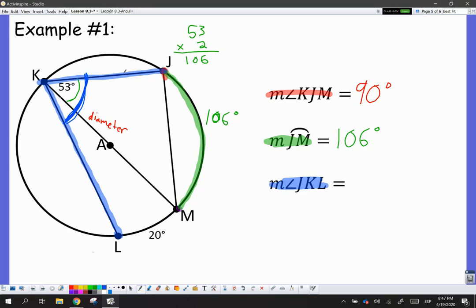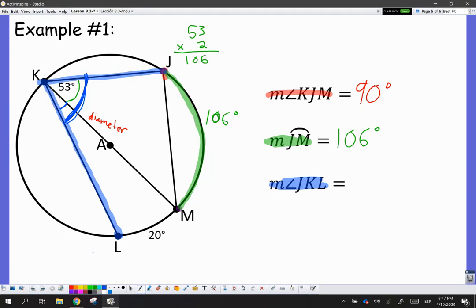We know that angle JKM is 53 degrees. If I were to add these two angles here, the 53 and this angle MKL, then I could find what the measure of JKL is because I'll add them together. They combine to make one angle.